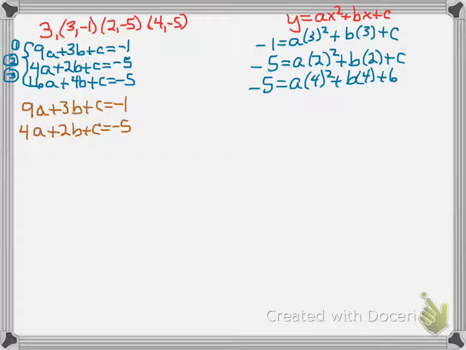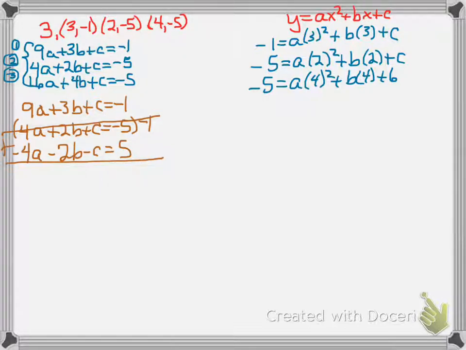So I'm going to multiply that to be able to get c as a -c so that I can cancel out c. I'm going to multiply equation 2 by -1. Okay, that gives me -4a minus 2b minus c equals -5 times -1 is 5. Okay, and then I'm going to mark that out so that it's out of the way. I'm going to add these two together.